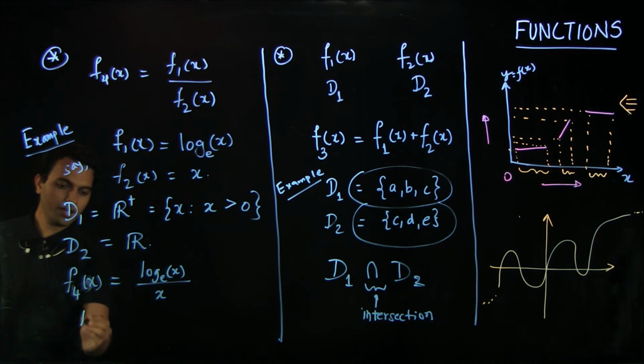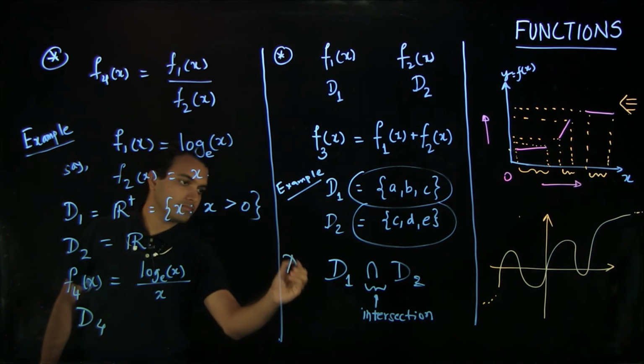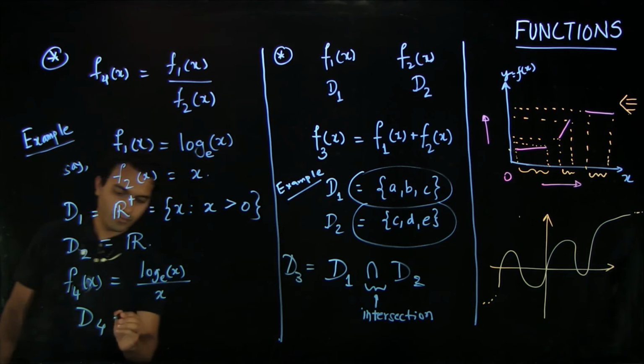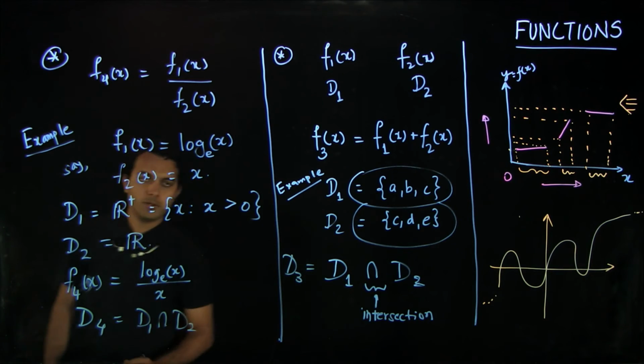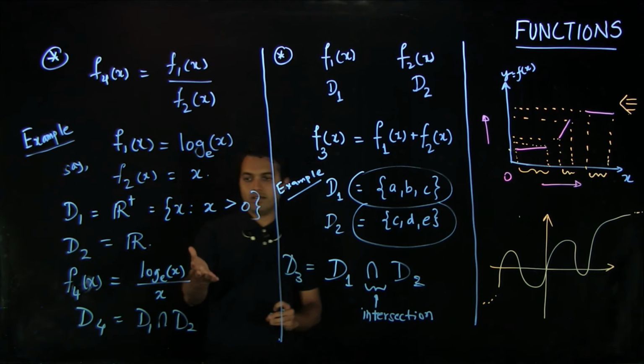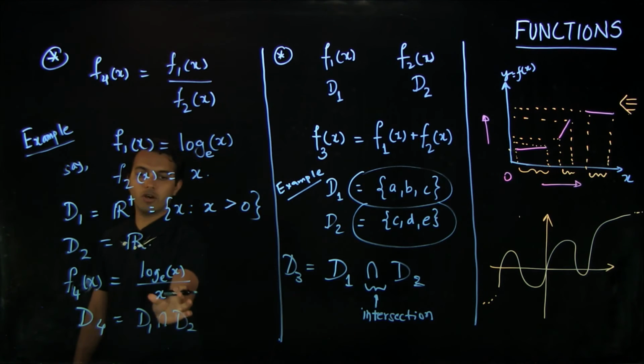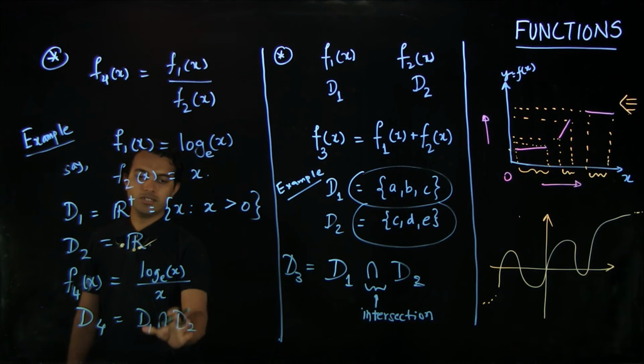So perhaps one solution is D4 is D1 intersection D2. But as you can notice, we also have a denominator. So we have to make sure that the denominator is not equal to 0. So this is actually not the correct solution.